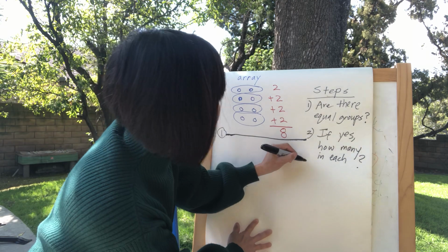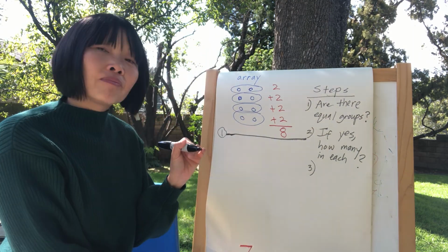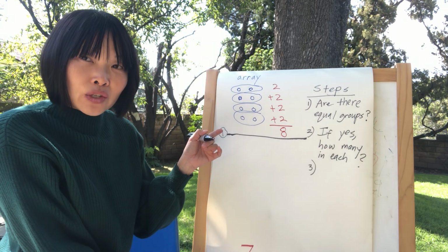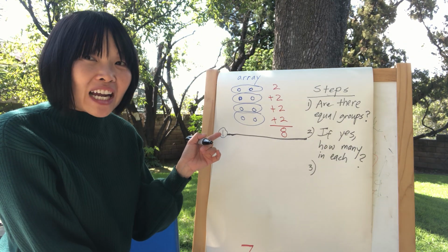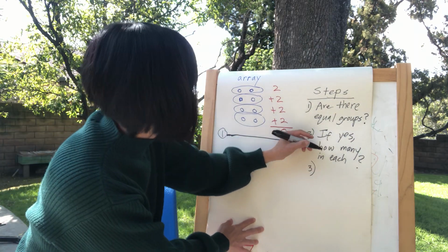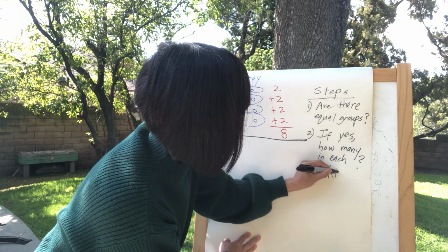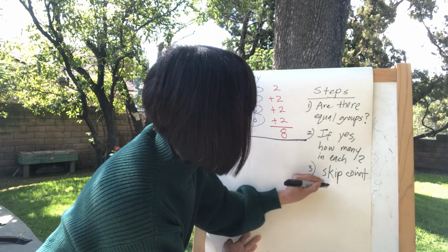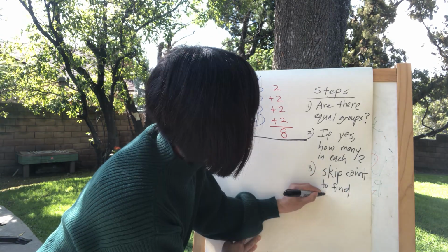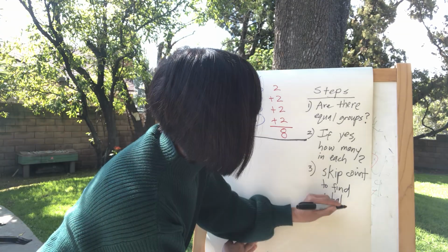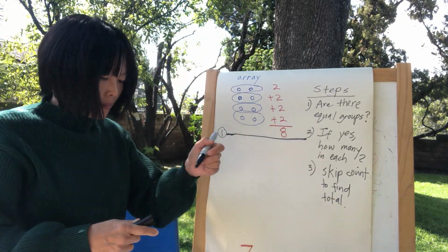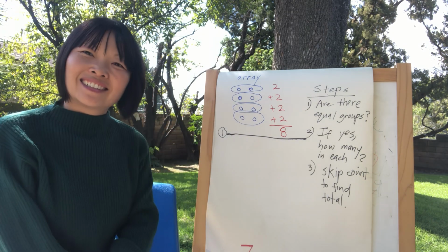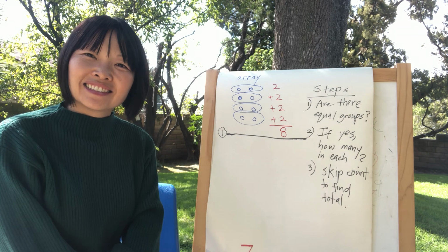The last step is, since there are equal groups and there are 2 in each group, I'm going to skip count by 2s. So the last step is to skip count to find the total. 2, 4, 6, 8. The total is 8.